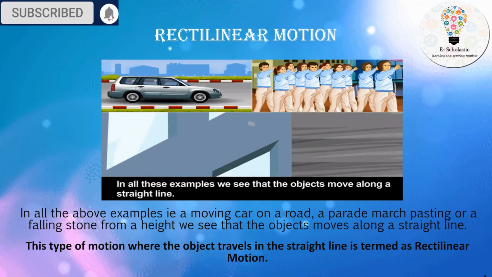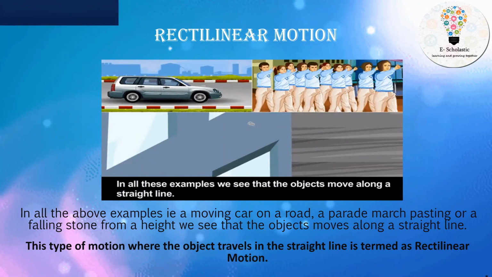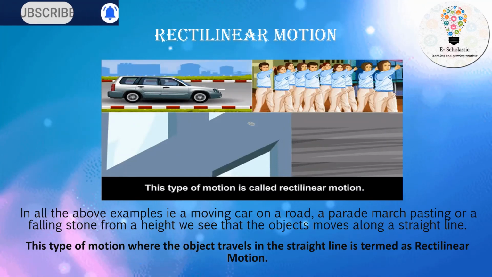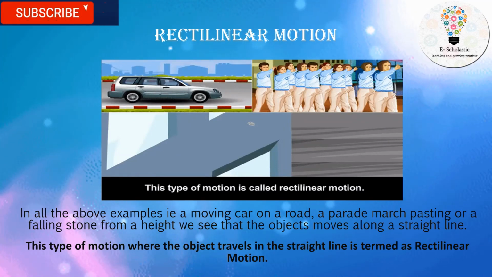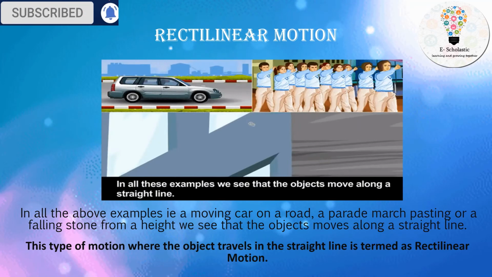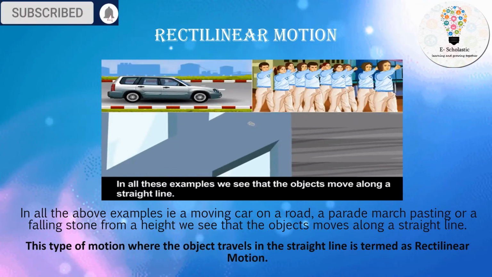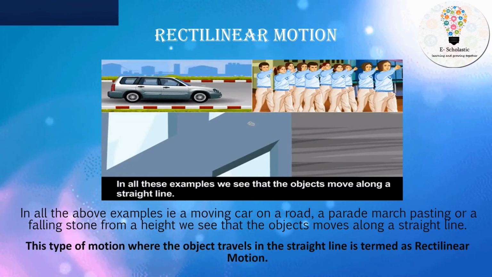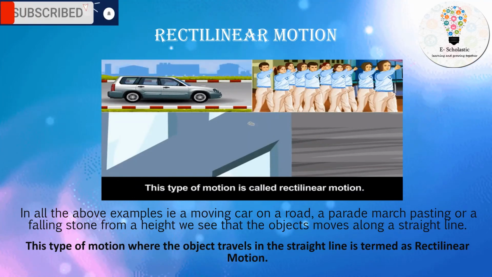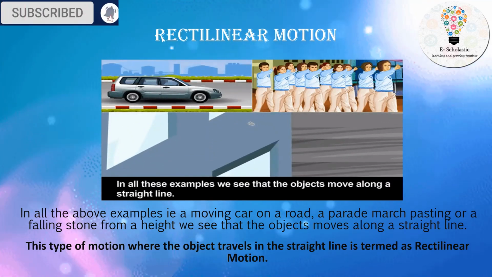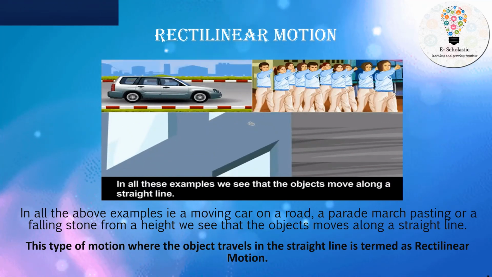In all these movements, all these changes of position of the object from one place to another, we see that the objects are moving along a straight line. Therefore, this type of motion, changing the position of the object from one place to another in a straight line, is termed as rectilinear motion.